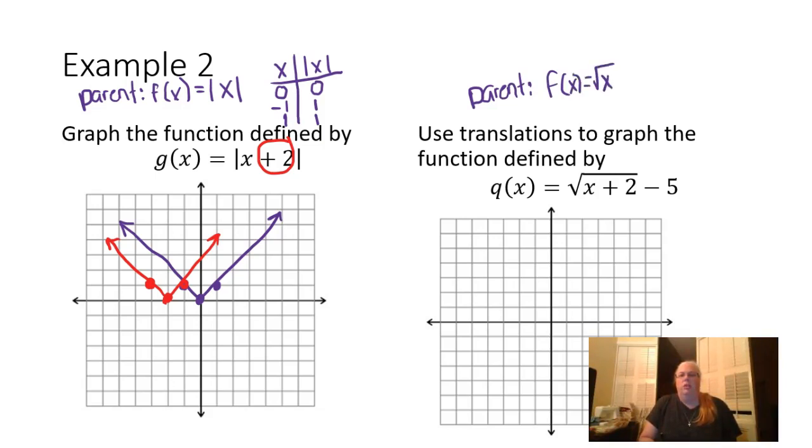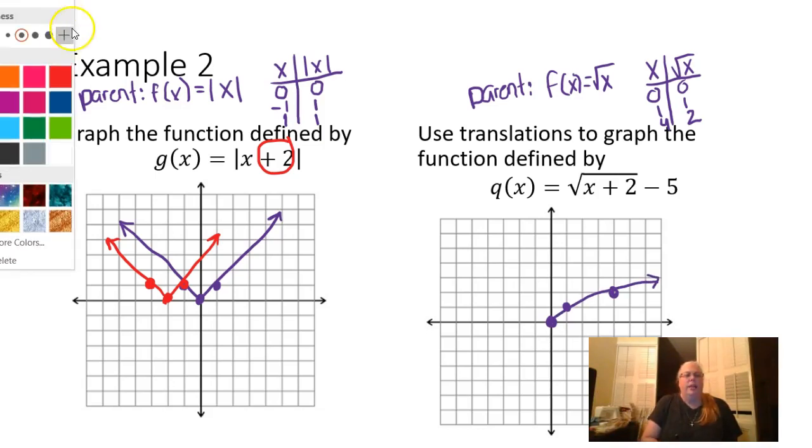And we just talked about how the points that we know for a fact lie on the parent function are 0, 0, 1, 1, and 4, 2. So let's graph those. 0, 0, 1, 1, and 4, 2. The parent function is going to do something like that right there.